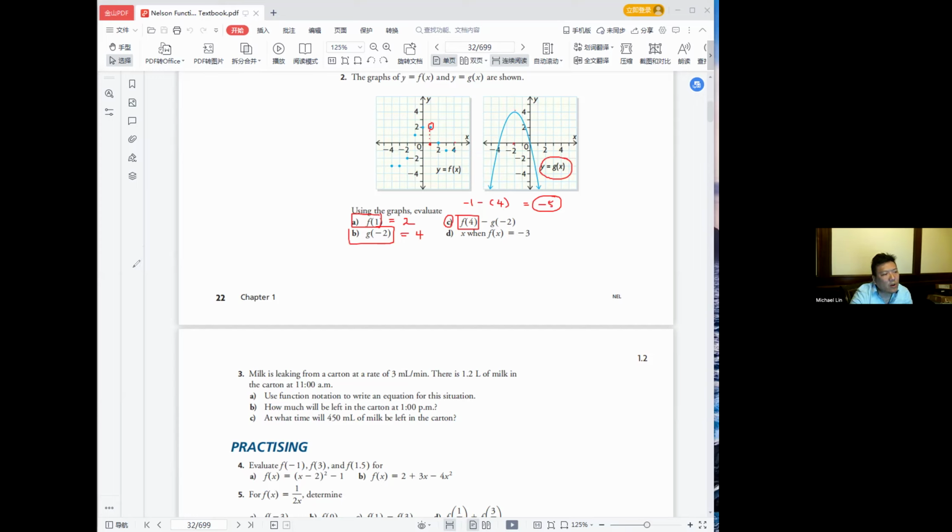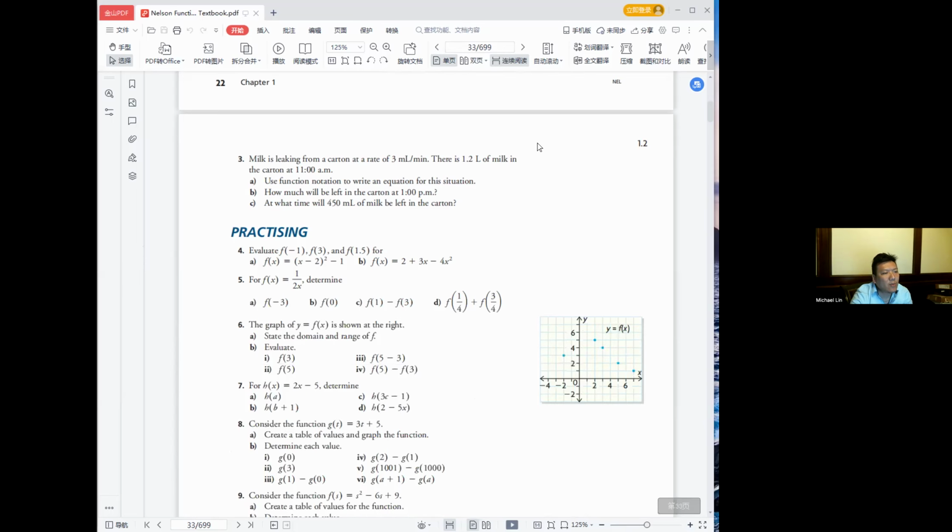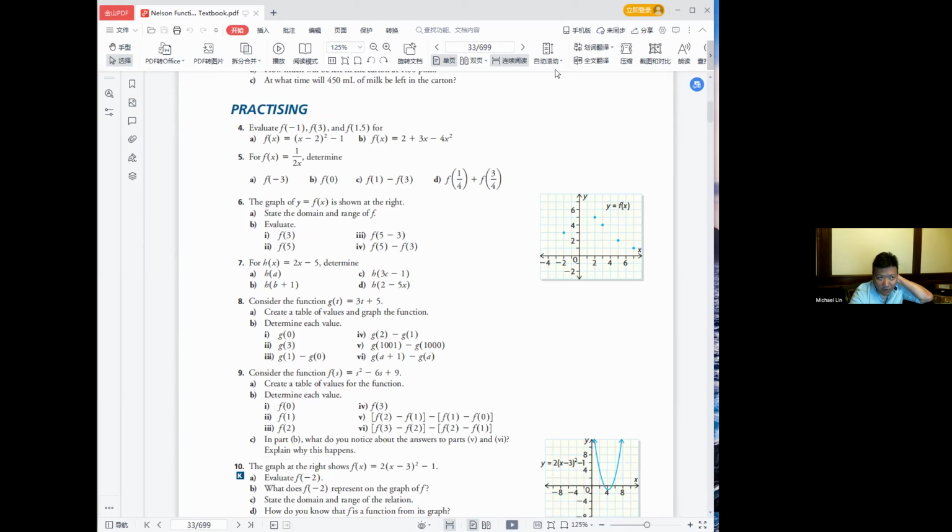Usually students don't have too much trouble with this if you're just simplifying it straightforwardly. But sometimes they get confused when they're asked to evaluate something like this. You just have to remember, if h(x) is equal to 2x minus 5, then h(3c minus 1) is 2 times (3c minus 1) minus 5.